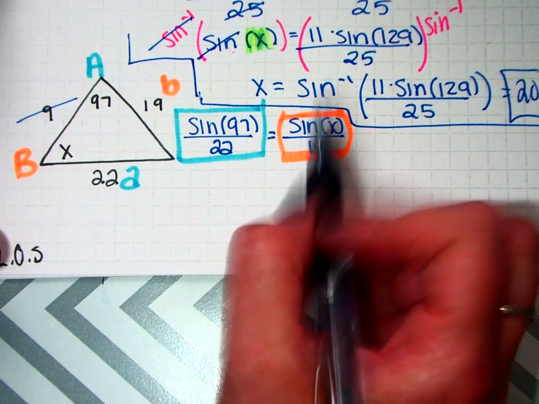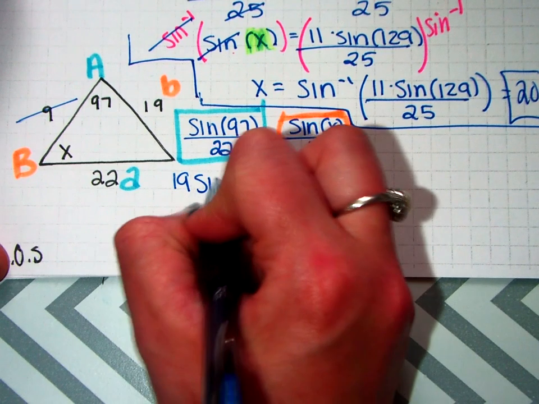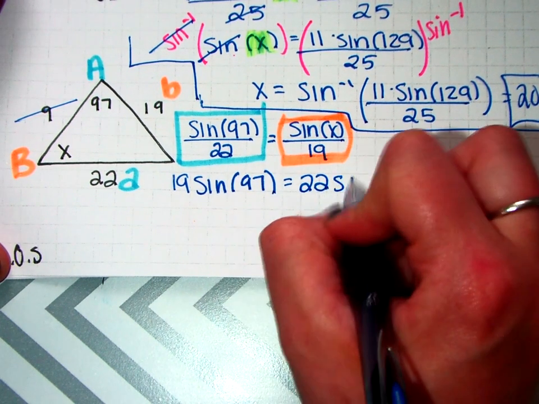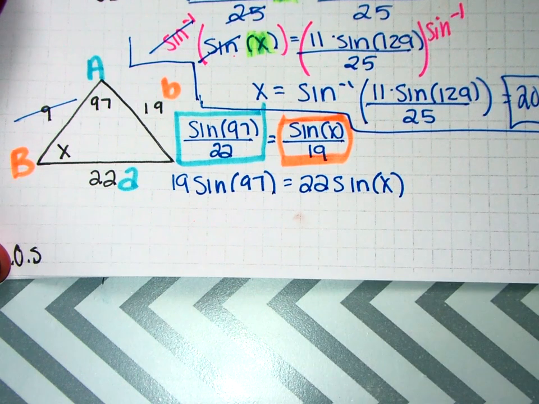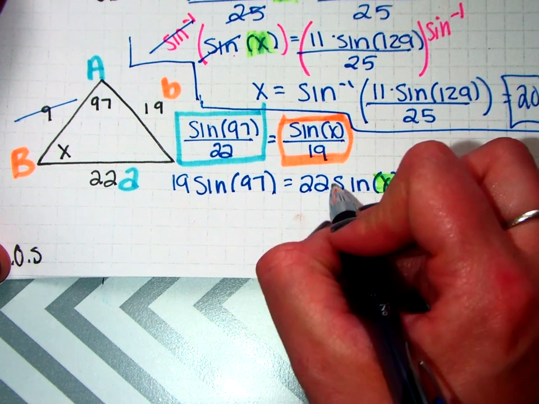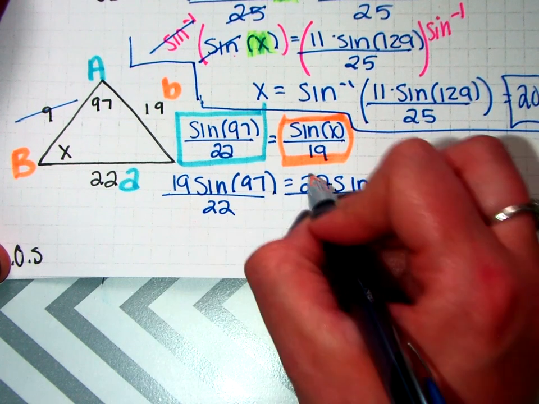So now we're going to cross multiply. Sine 97 times 19 is 19 sine of 97. And then I have 22 sine of X. Again, before I start, I need to identify my variable as X. So to isolate X, I must move the 22 through division.